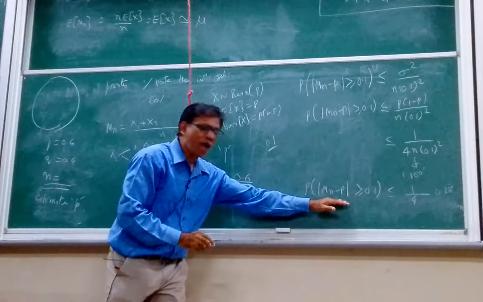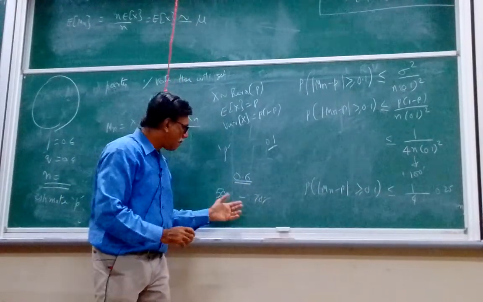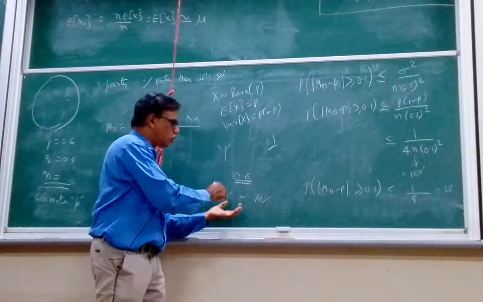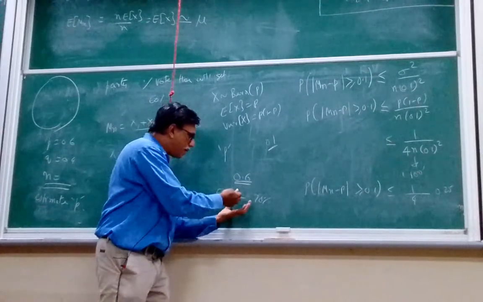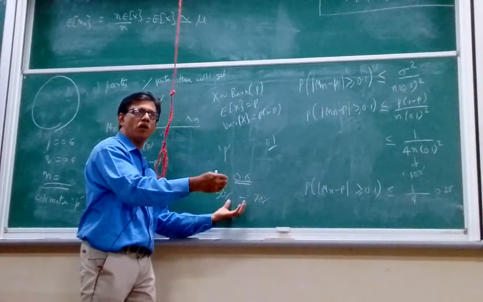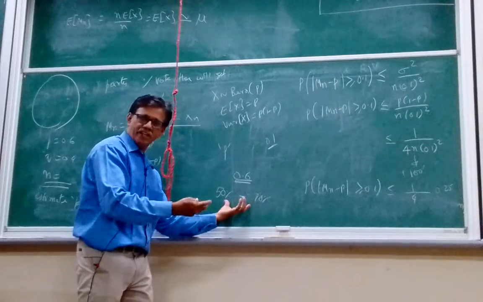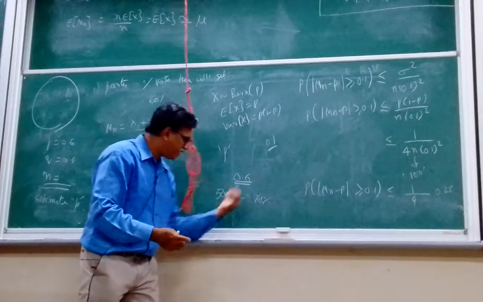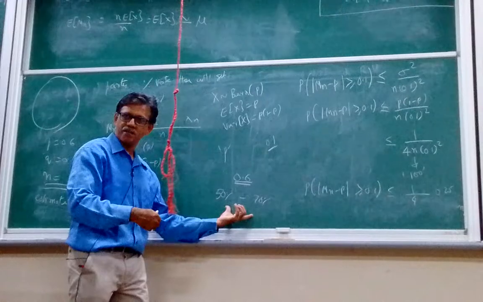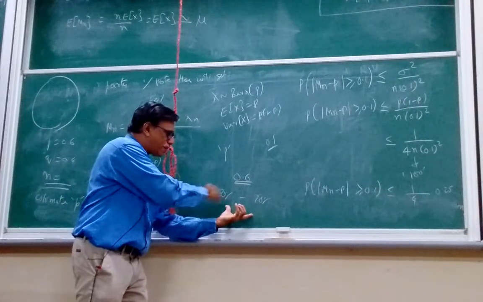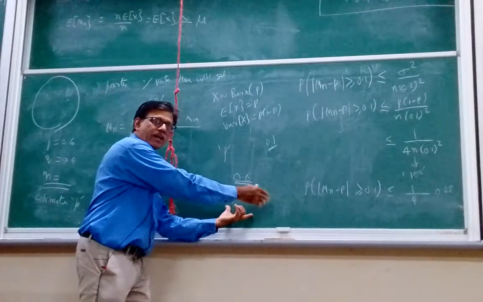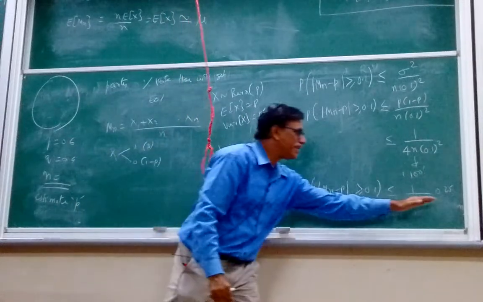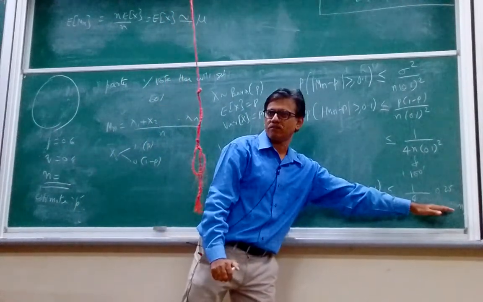Then the probability that in an opinion poll, the percentage that I measure goes below 50% or goes above 70%, that probability is less than or equal to 0.25.